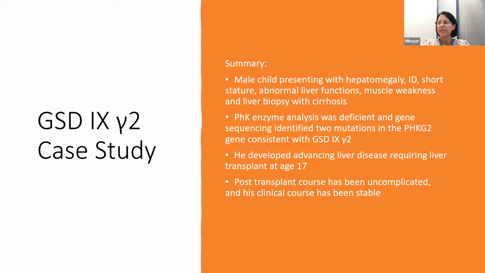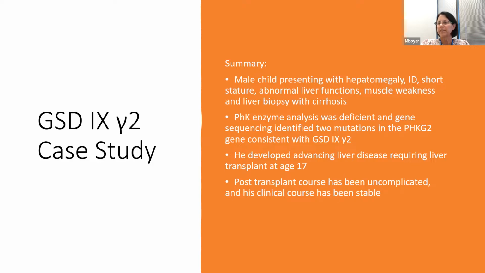Our patient's case history mirrors the findings of Fernandez et al. 2020, with our patient presenting in childhood with hepatomegaly and presenting clinically with intellectual disability, short stature, abnormal liver functions, muscle weakness, and liver biopsy with cirrhosis.